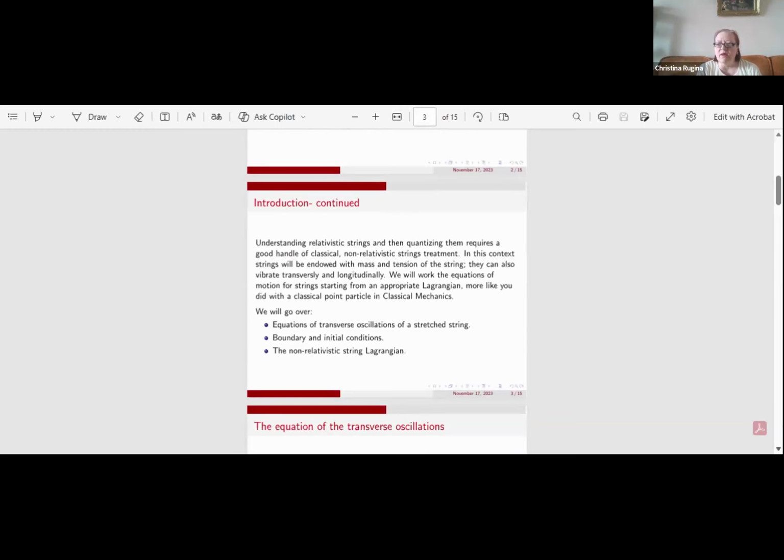So the only parameters that characterize strings are their mass and the tension of the string. They can also vibrate transversely and longitudinally. We will derive the equations of motion heuristically and also from the appropriate Lagrangian, just like you do in classical mechanics for equations of motion.